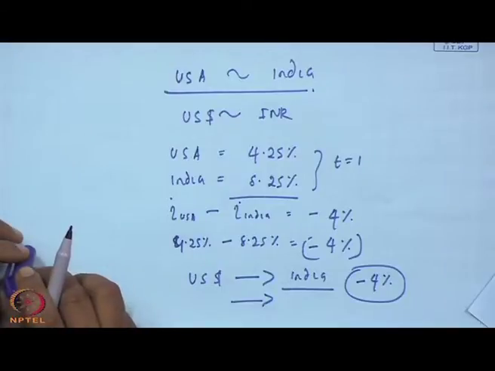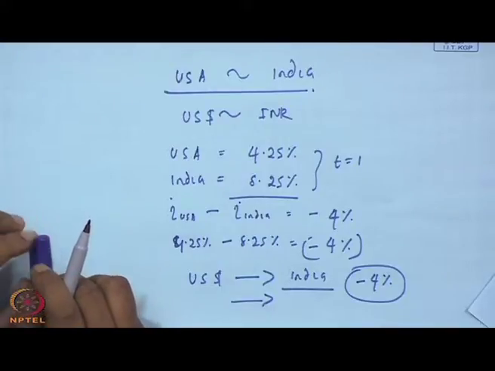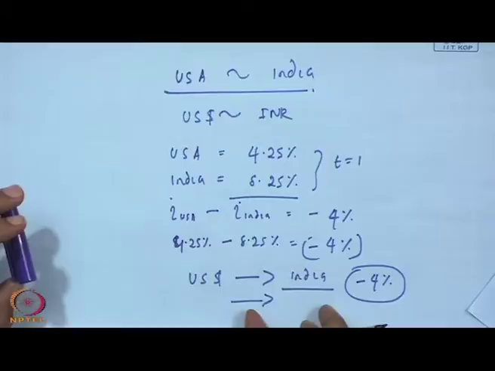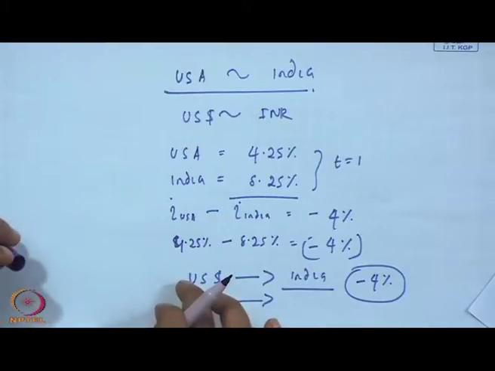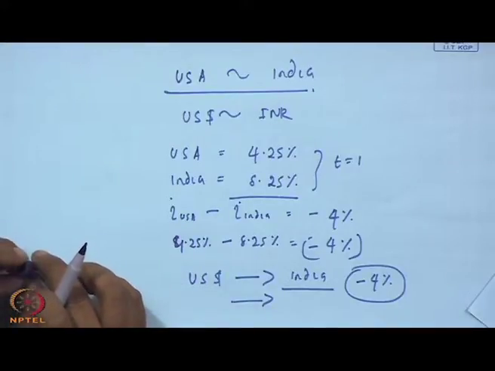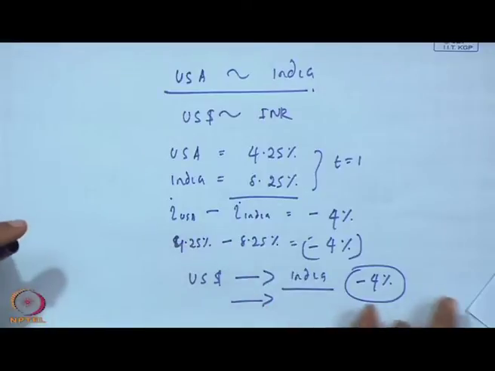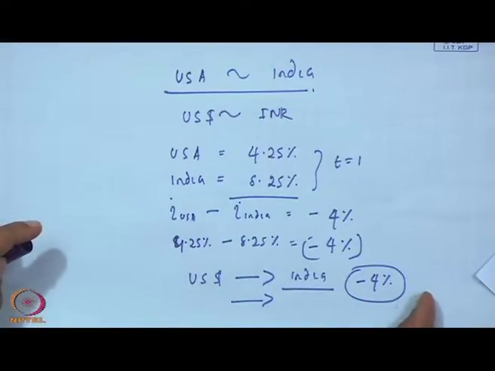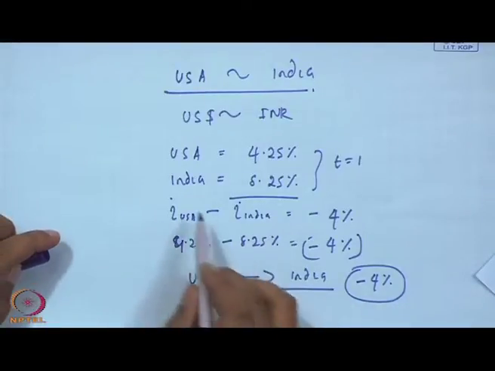differential. And the international Fisher effect mentions that this 4% differential interest rate will create some kind of movement of currency, US dollar to India, and this movement will continue so long as the differential is not wiped out.